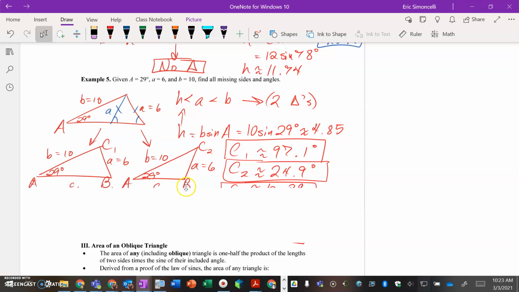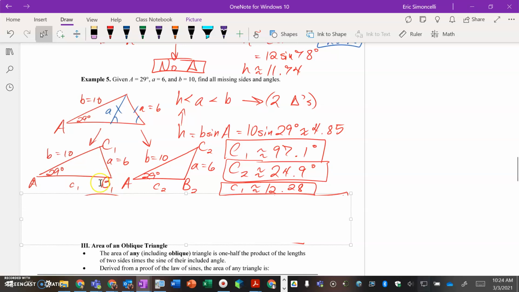Now I've denoted not just angle A, side B, angle A, side B as before. I've also denoted side A with different depictions, one in blue and one in red from above, and I've also depicted with a variety of subscripts.